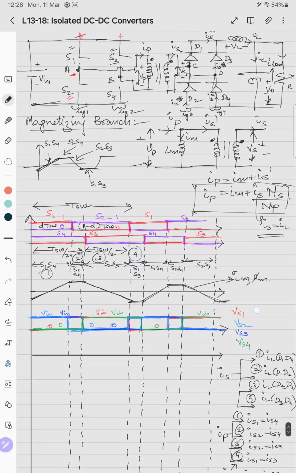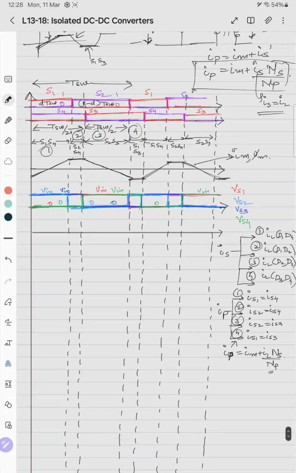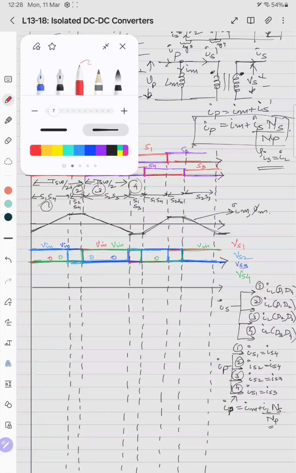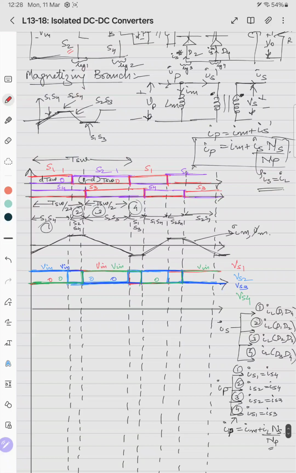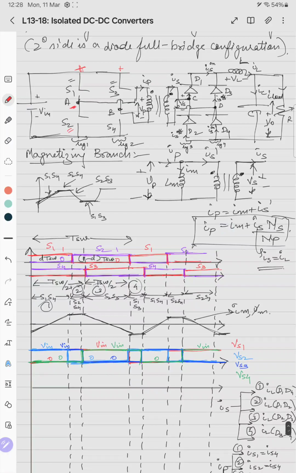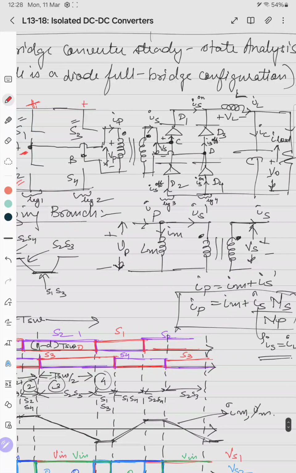So let us draw the inductor current first. We should know the nature of the inductor current, then we'll be in a position to draw the further currents. So now we'll draw IL. Once switches S1, S4 are on, the voltage seen across this, just before the inductor, we can call V1 dash.